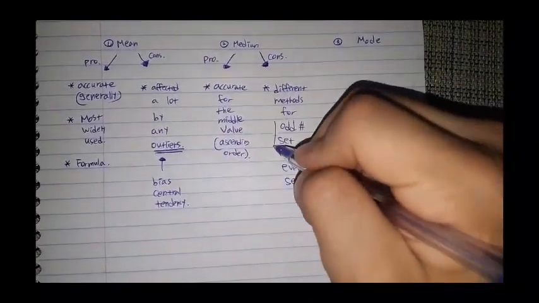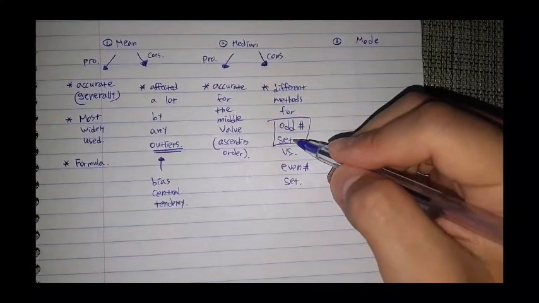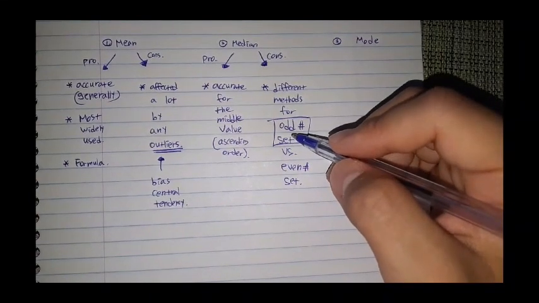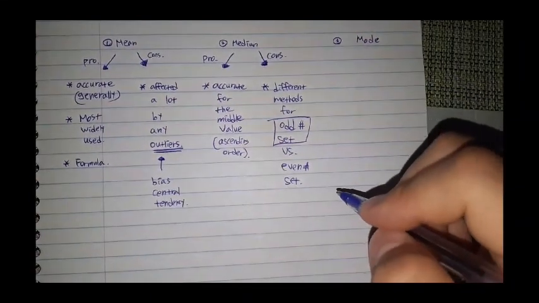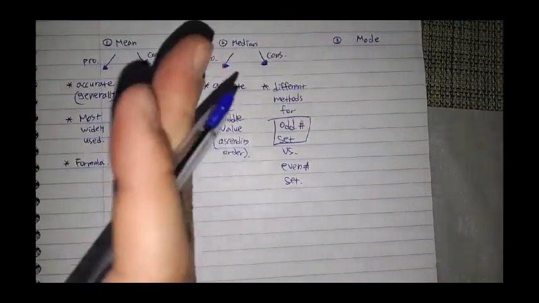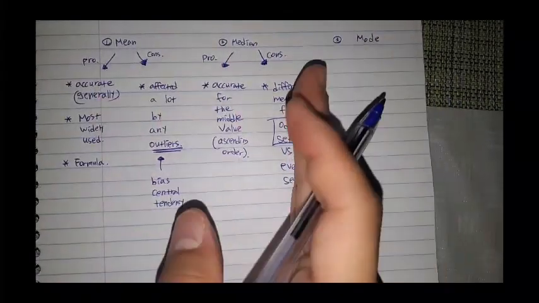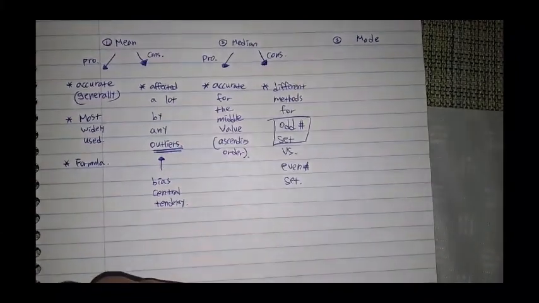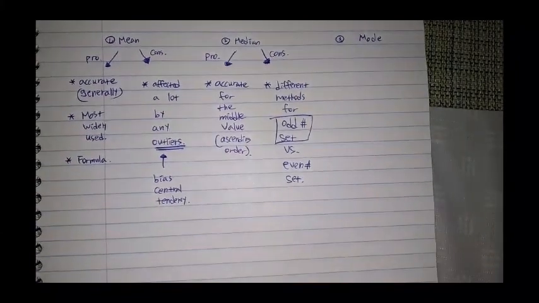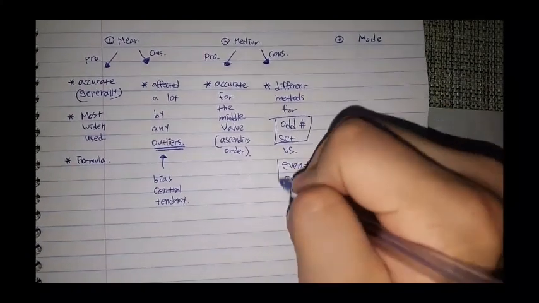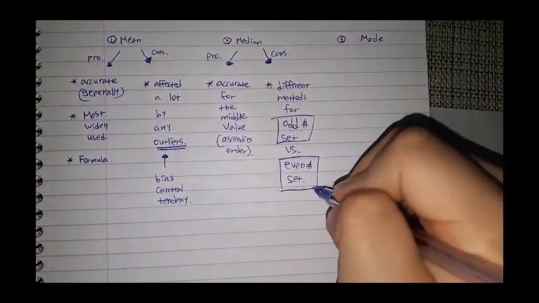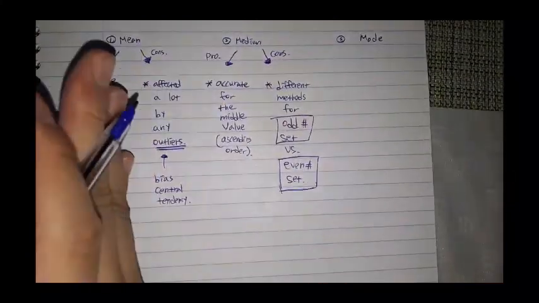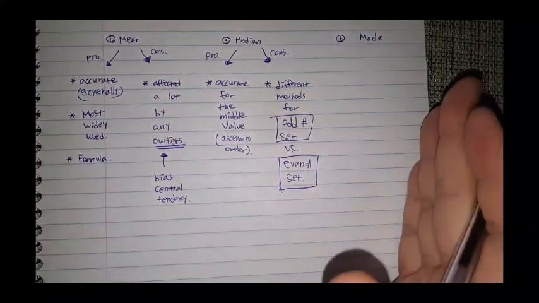What I mean by that is, if it's an odd number, you can just choose it. For example, if you have 5 different numbers in a set, you locate the smallest on the left, the largest on the right, then the third one in the middle will be your median. Now, it is also possible that you have an even number set, like say you have 1, 2, 3, 4, 5, 6 data.